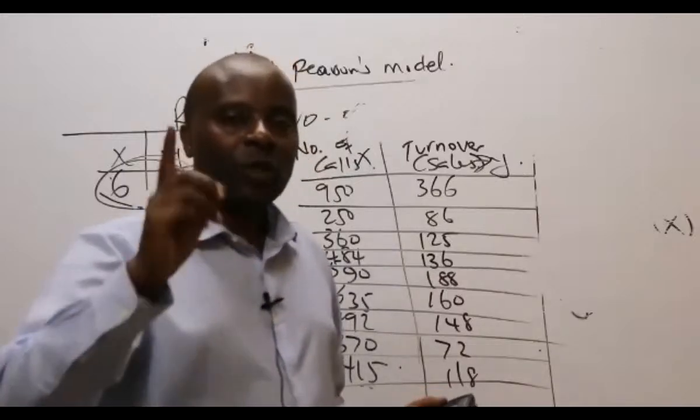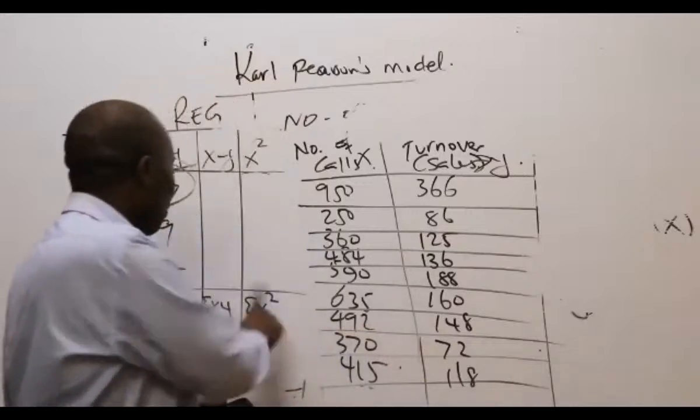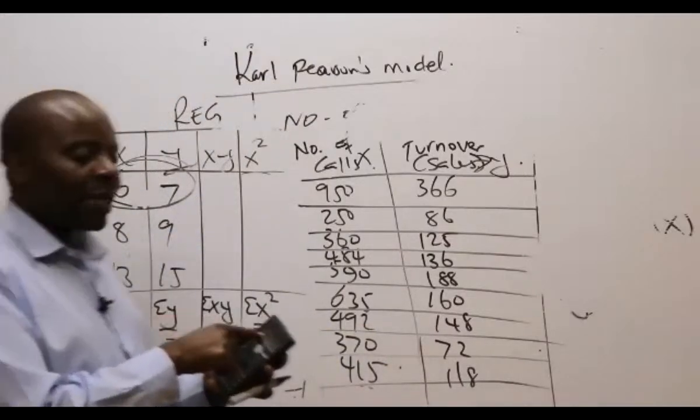So the very first one that I want in this unknown matrix is a summation of x squared.